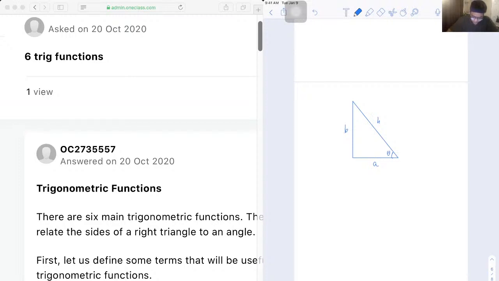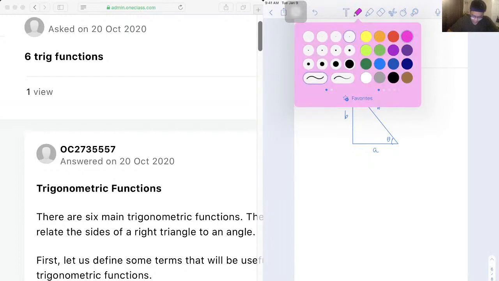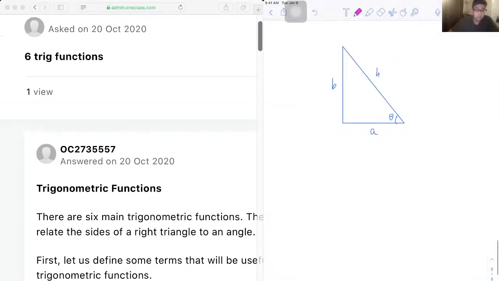So let's first define what these are. Theta, which is our angle, is a measure of the angle intercepted by the hypotenuse and the leg of a right triangle.